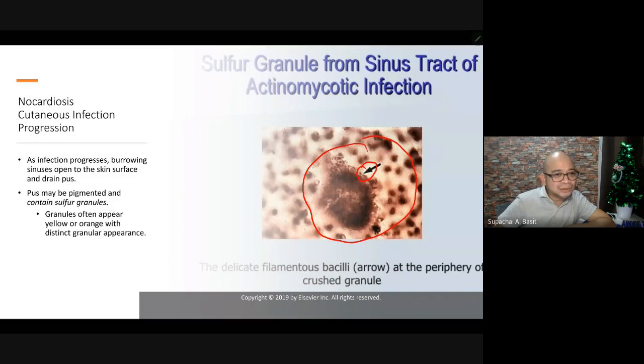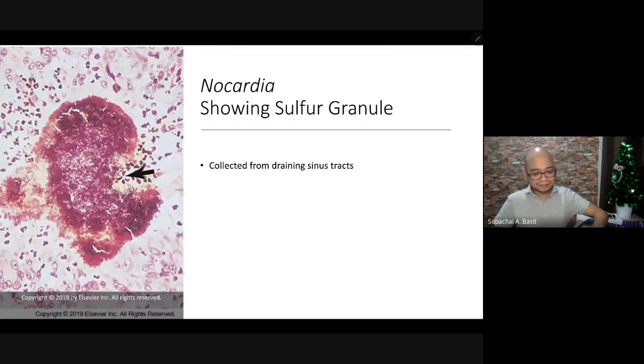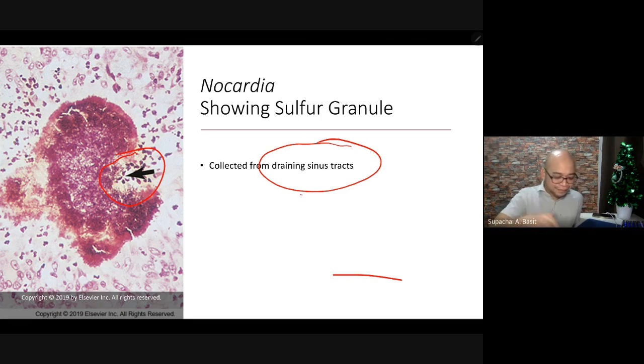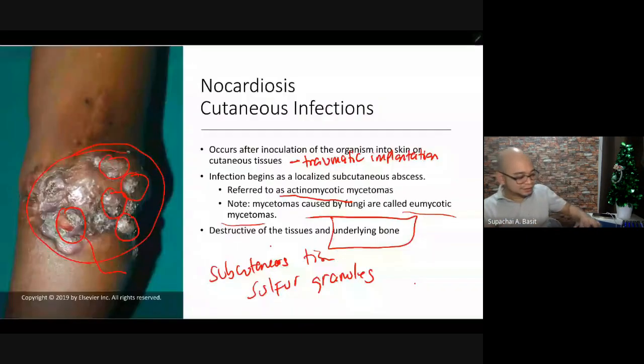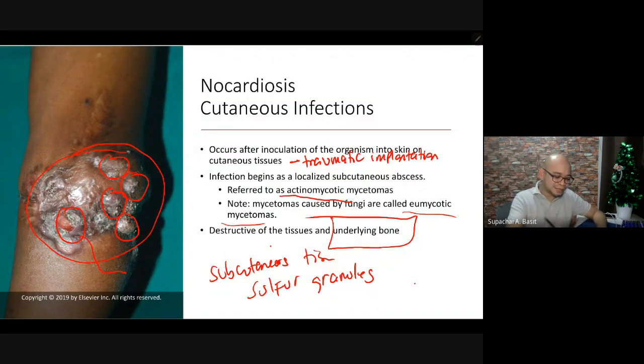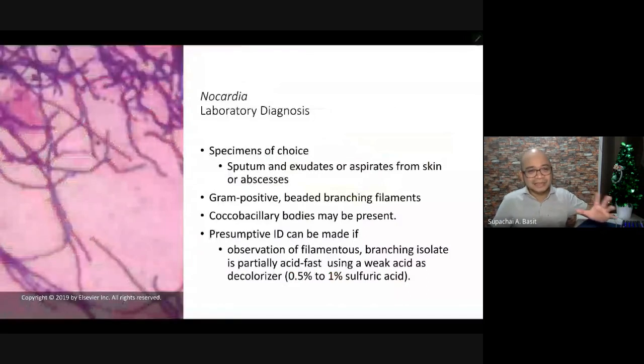Okay? Granules often appear yellow or orange with a distinct granular appearance. Okay, so another example of the sulfur granules. We collect sulfur granules from draining sinus tracts. So again, draining sinus tracts. This could be the possible site of draining sinus tracts. Poor patients who have nocardia.